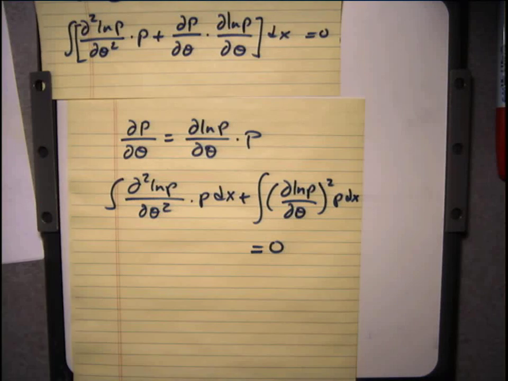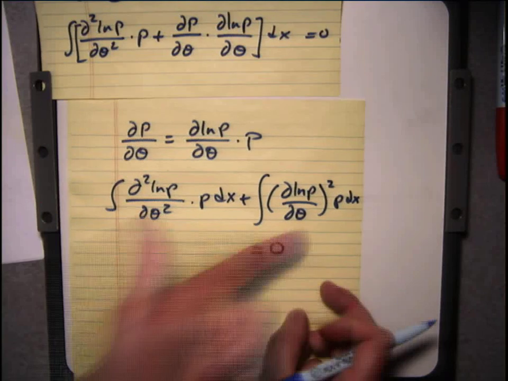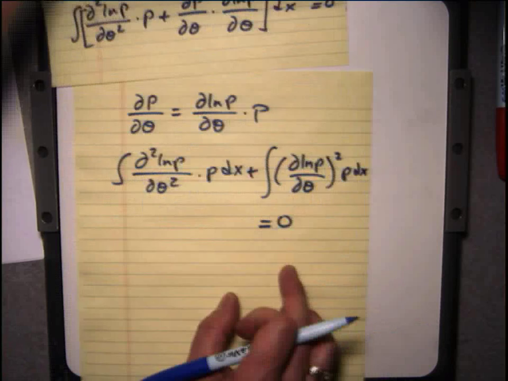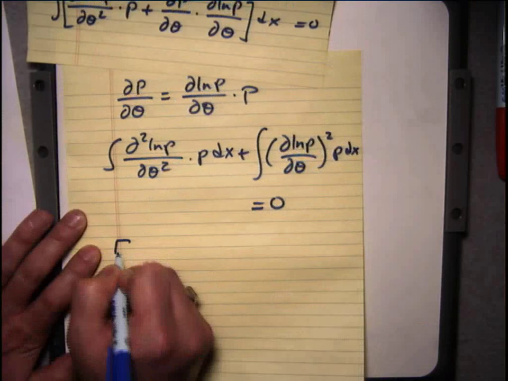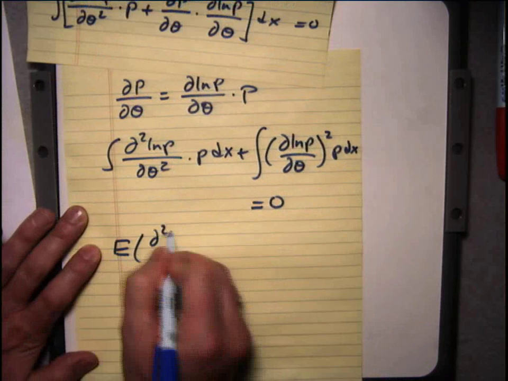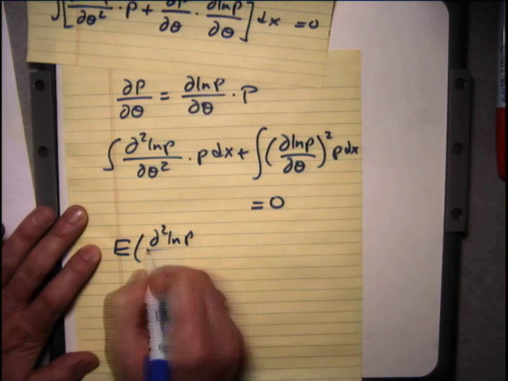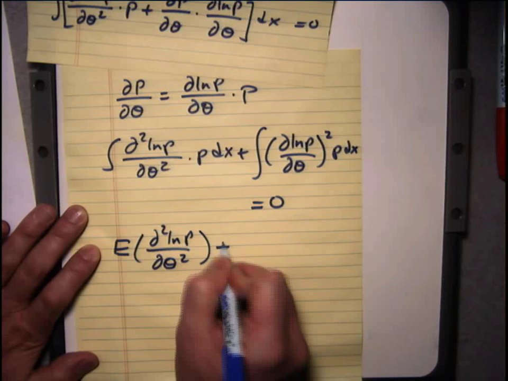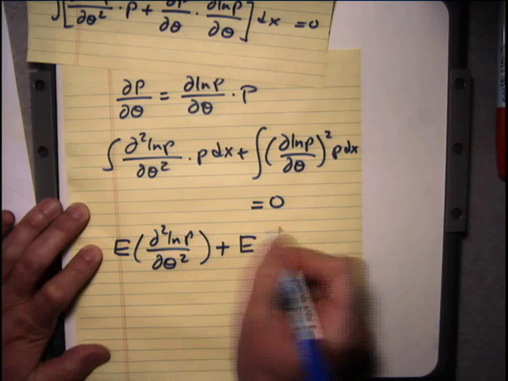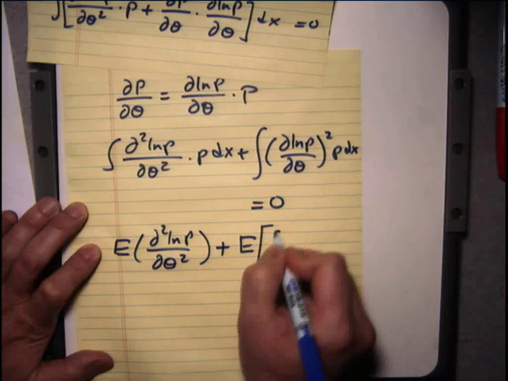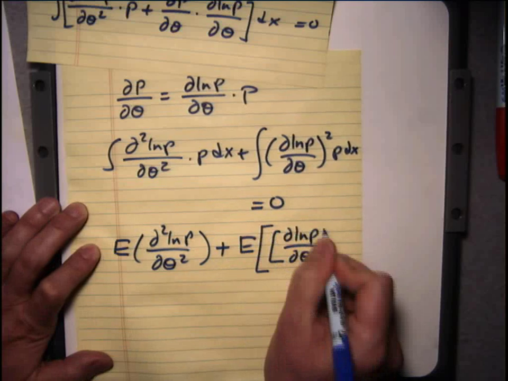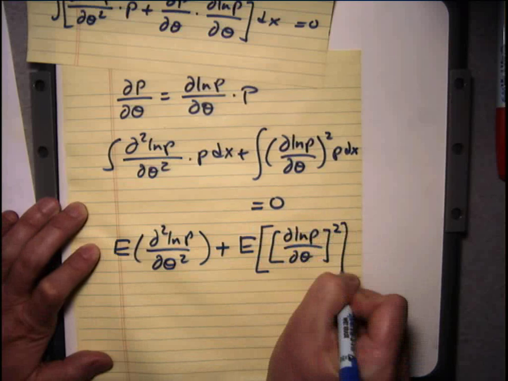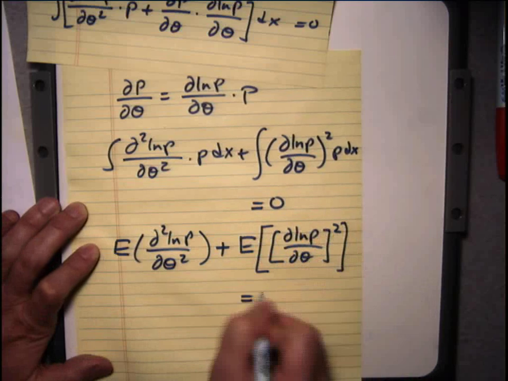And these 2 things are simply the 2 quantities that we are interested in. The first one is the expected value of the second derivative of the log likelihood function plus the expected value of the square of the first derivative. And this is equal to 0.